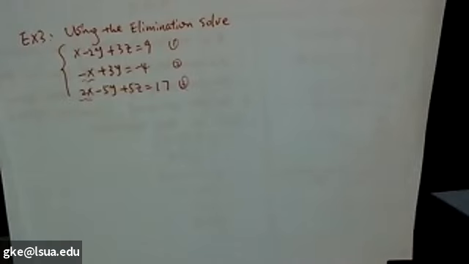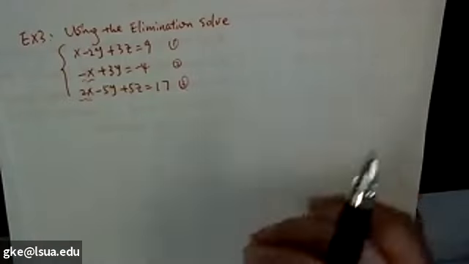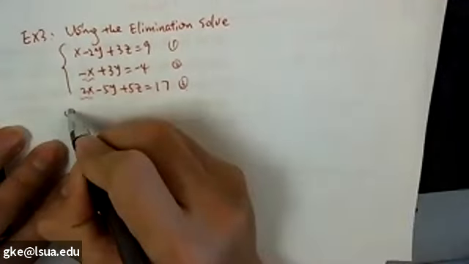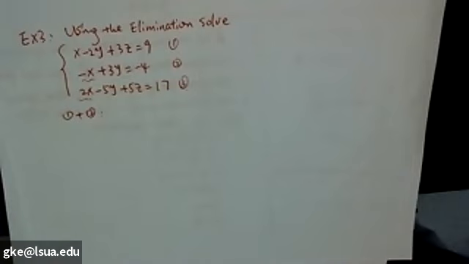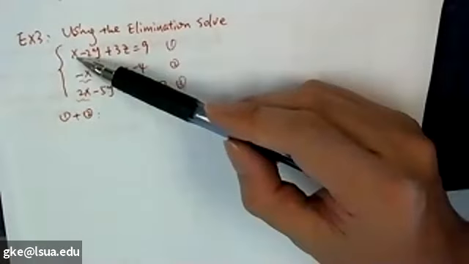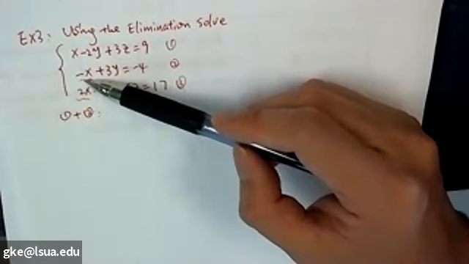For the second equation, we just let what? Add 1 plus 2, right? Because here is x, here's negative x, right?